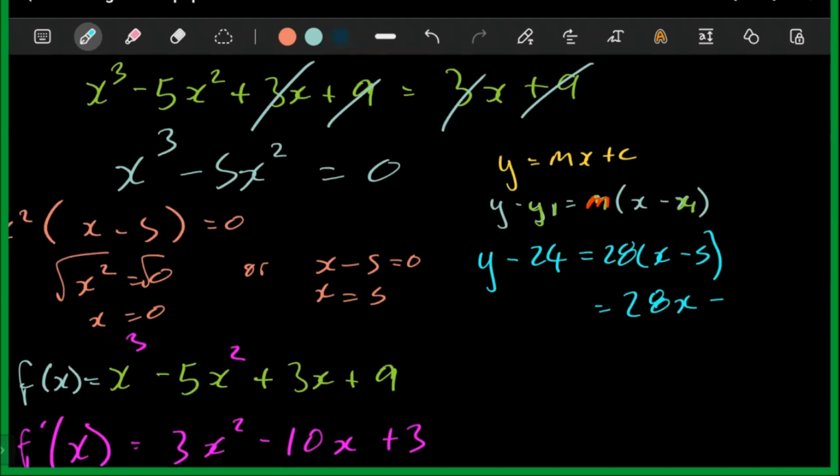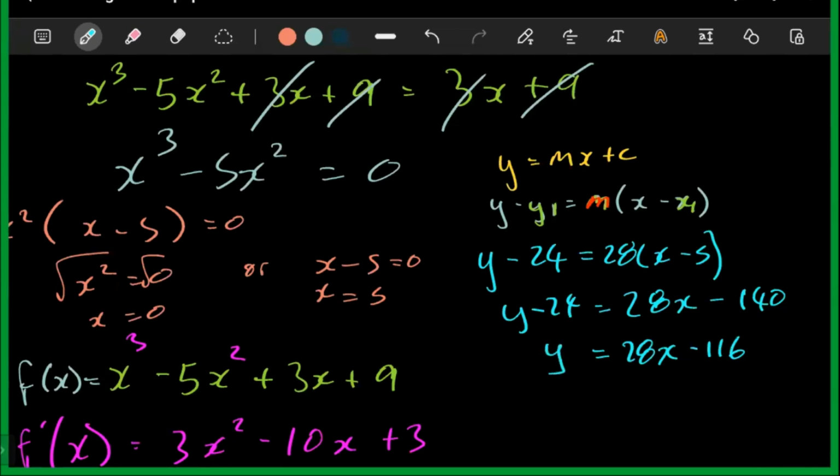Let's see, 28 times 5 is 140, so negative 140. Then this is y minus 24, the 24 goes over, you would add it, so you'd have 28x, negative 140 plus 24, gives you negative 116.